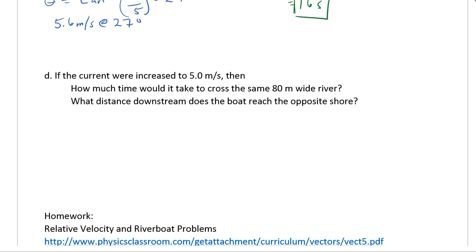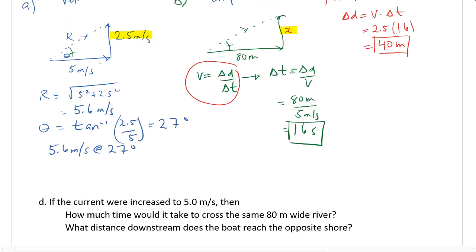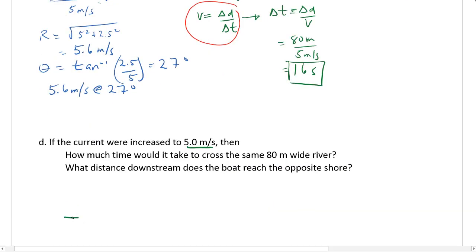D says, if the current were increased to 5 meters per second, then how much time would it take to cross the same river? So what they're saying is, if we change this 2.5 to a 5, then my original diagram would look like this. I would still have the 5 here, meters per second, but this would change to 5 meters per second.